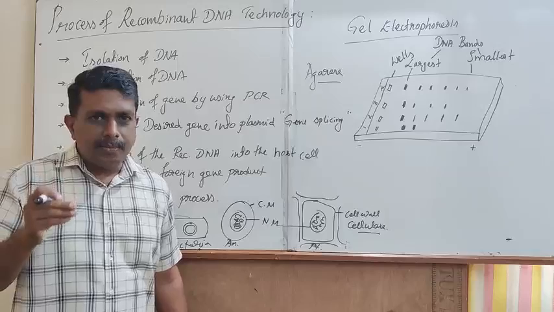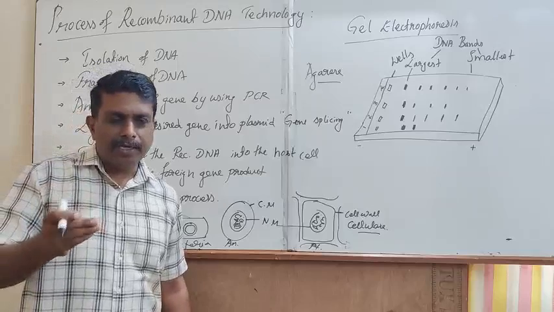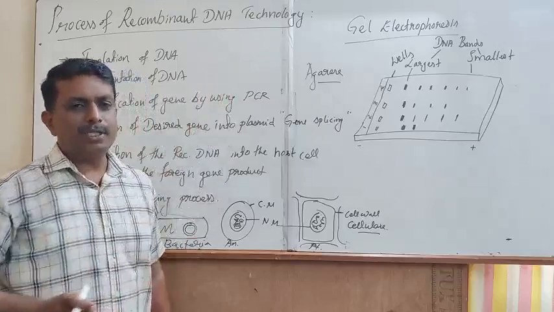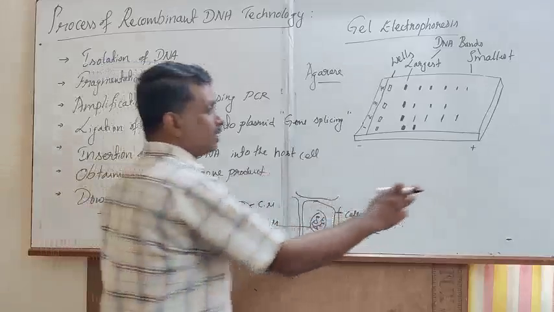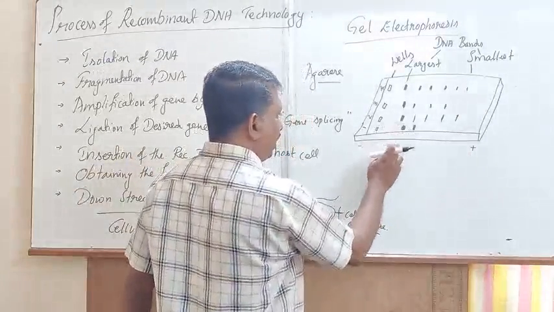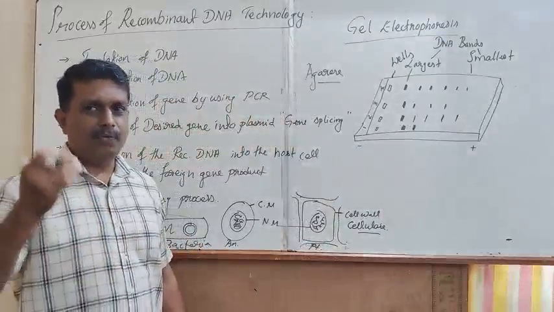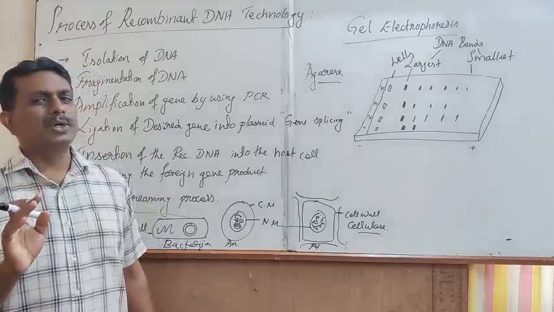The smaller size DNA with less molecular weight will move very fast towards the positive charge, whereas the high molecular weight, larger fragments will move very slowly.